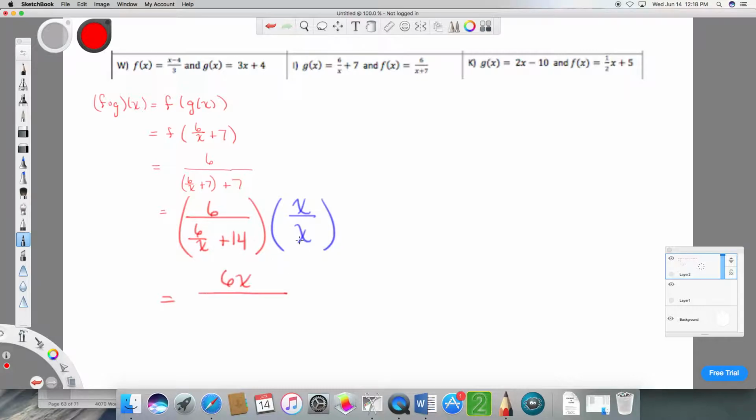And in the denominator, we have a binomial here, and both terms are being multiplied by x by the distributive property. So when I take this x and multiply it by the first term, the x divided by x cancels, and that product is just 6. When I multiply it times the second term, I get 14x.